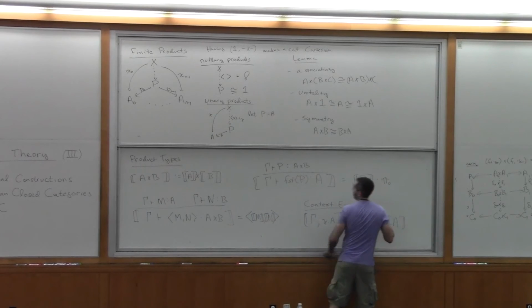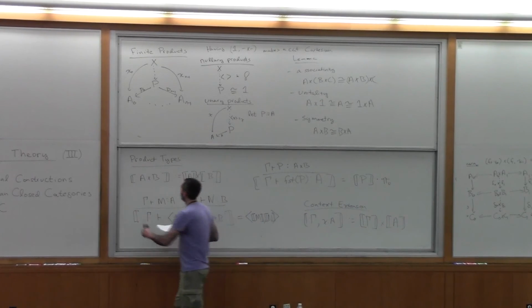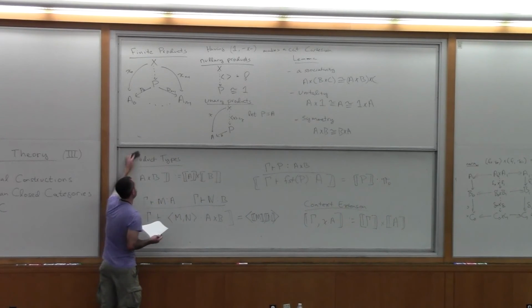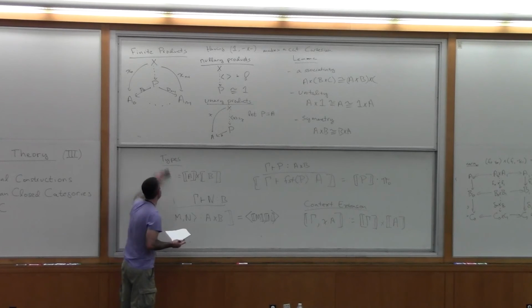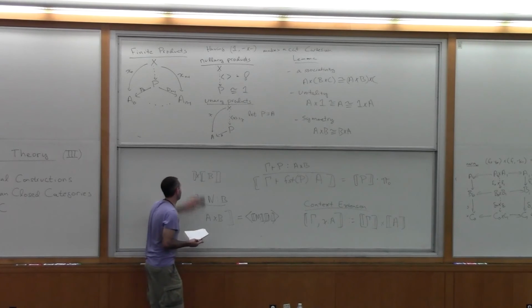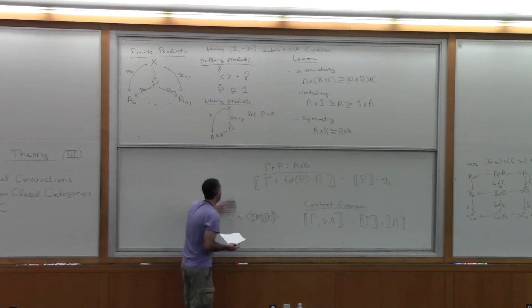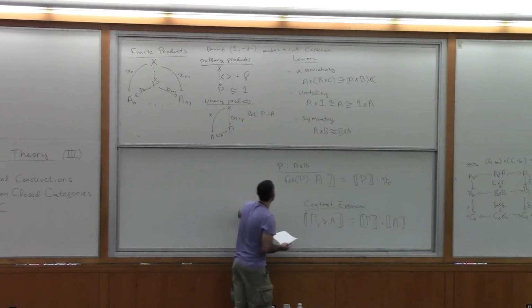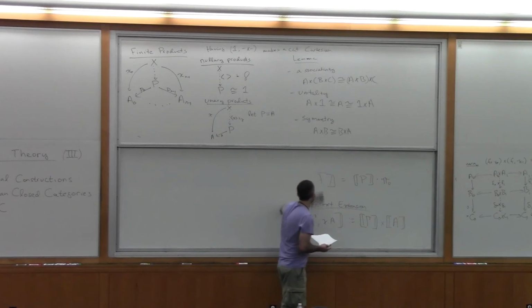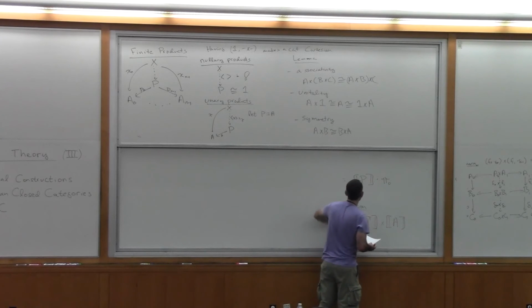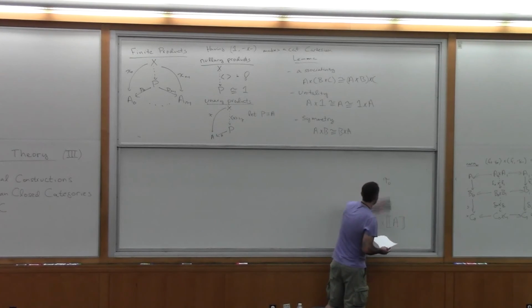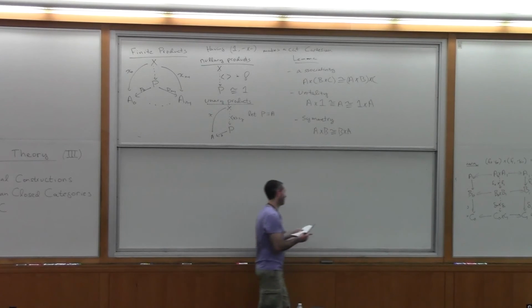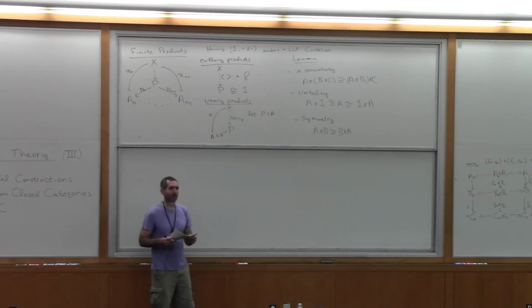So remember I said on the first day that constructions and their duals can occur in the same category and interact in interesting ways. So that is the case with the product and its dual, the coproduct. And in many cases, we want a certain relationship to hold between them.